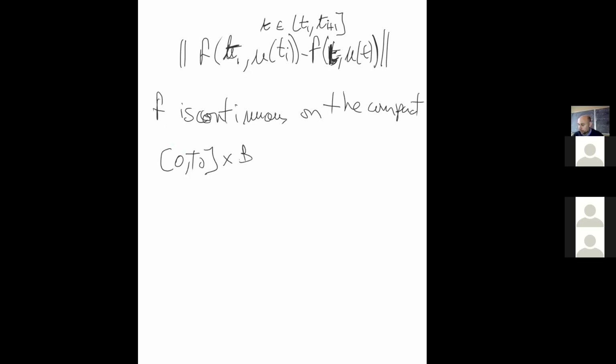As you said, f is continuous on the compact, so it's uniformly continuous there.